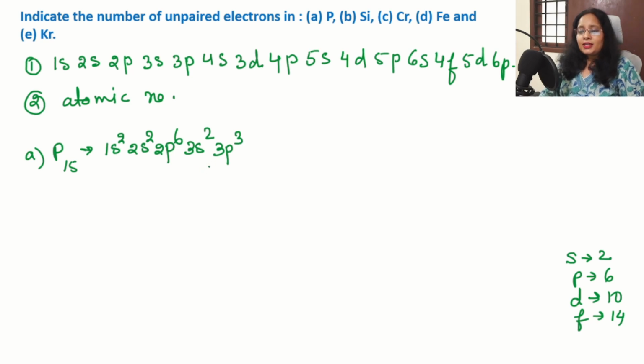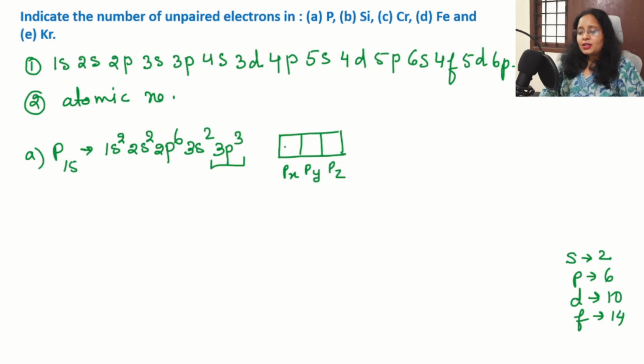So as I told, s always having 2 and p always having 6. Now we can see in this configuration the 3p having 3 electrons. It means the maximum of 6 electrons it can take, but it has less. So this orbital we will draw and calculate the unpaired electrons. So let's draw 3p. P has 3 compartments, px, py and pz.